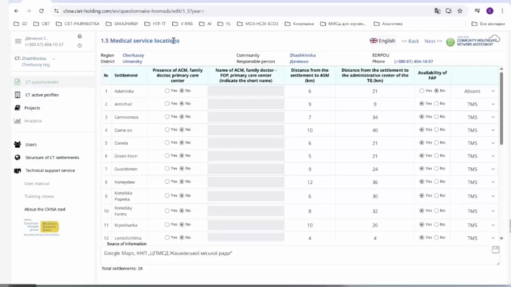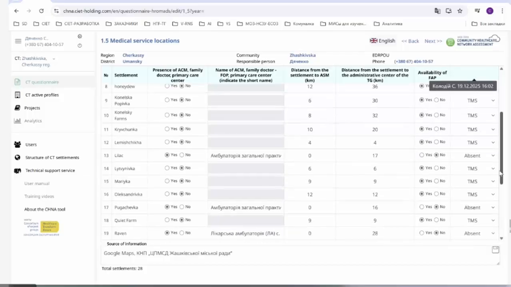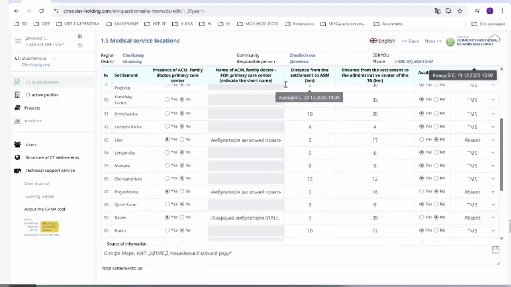The gramadas complete all this information, not we, about the availability of medical points. Why are we talking about medical points?